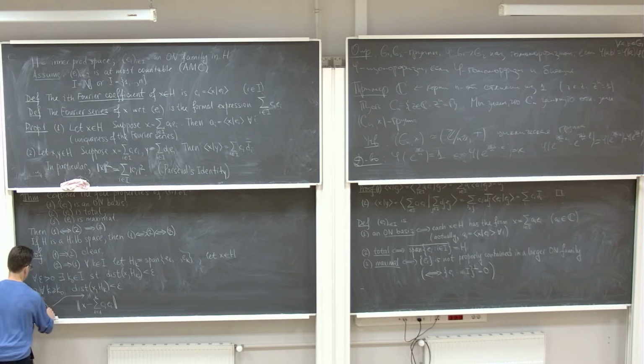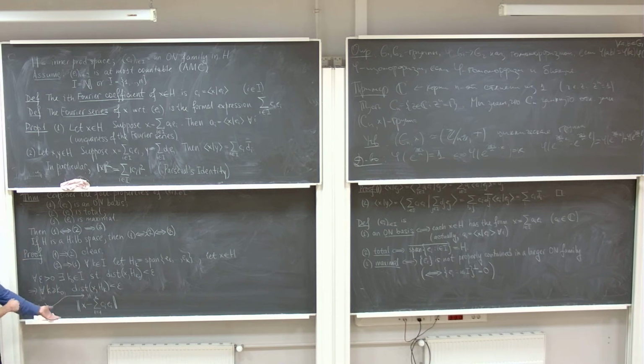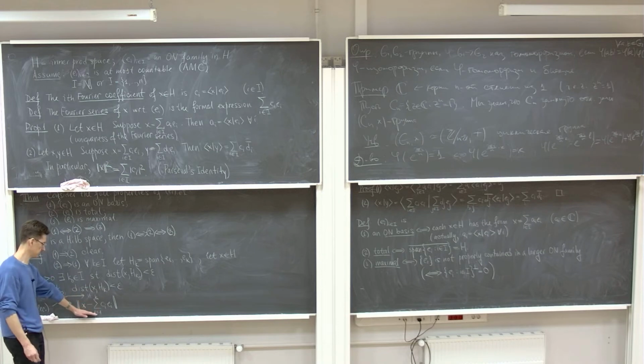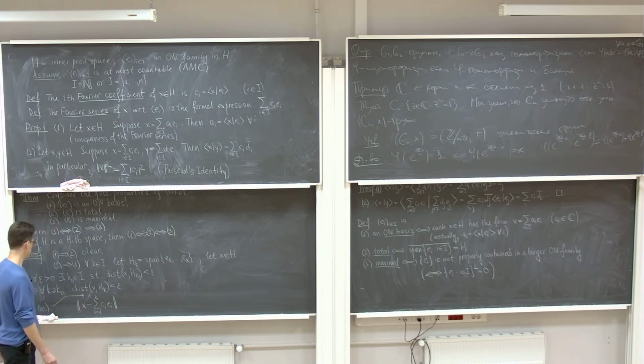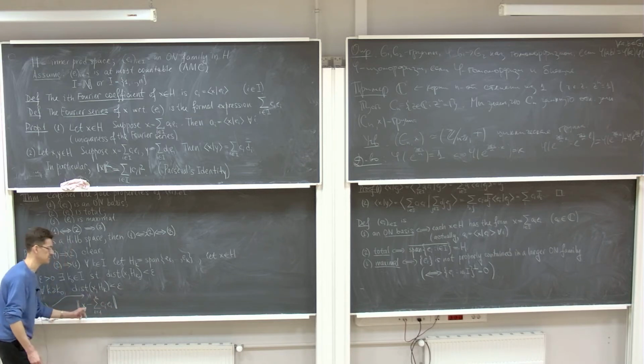Actually, we proved that this sum is precisely the orthogonal projection of x onto hk, and we already know that the orthogonal projection is the nearest point. So this distance is equal to this distance. Okay, so now we see that for each epsilon there is a number k0, such that whenever k is greater than or equal to k0, we have this estimate.